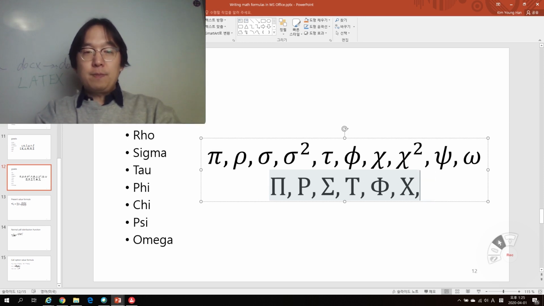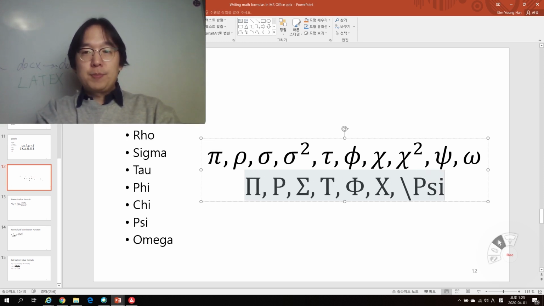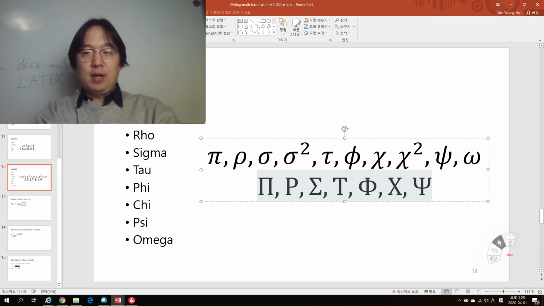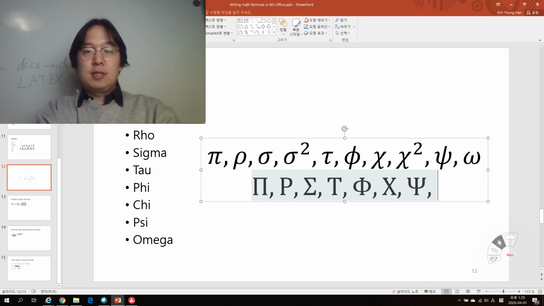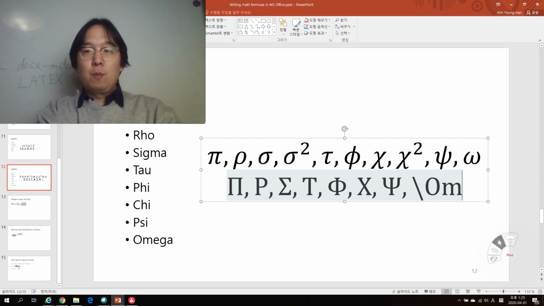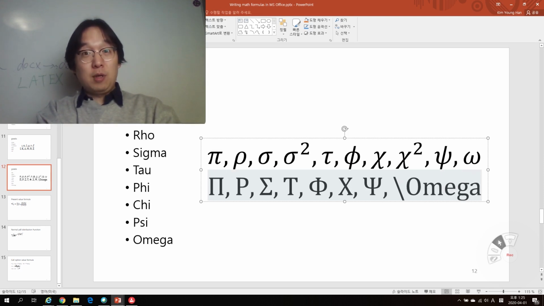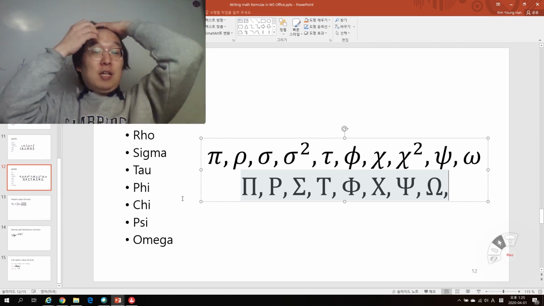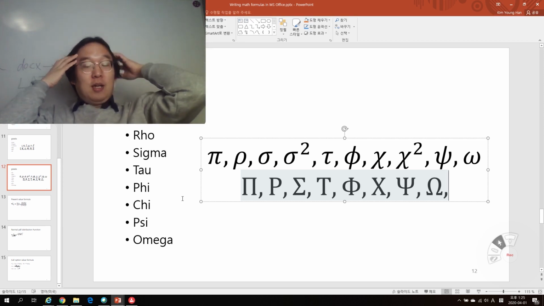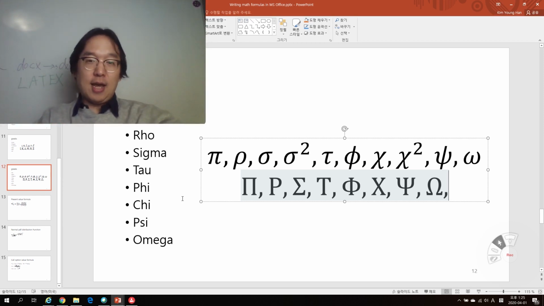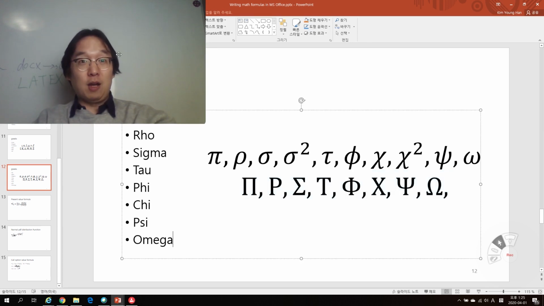And then psi, right? Psi, like this. Omega. What do you think it will look like? Yeah, the one you've seen for your watches, right? That's that. Swiss watch. Omega.